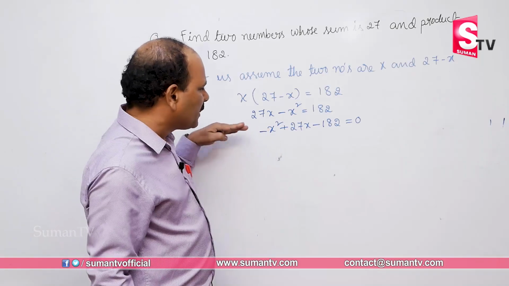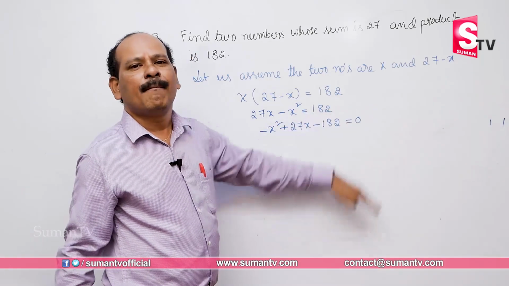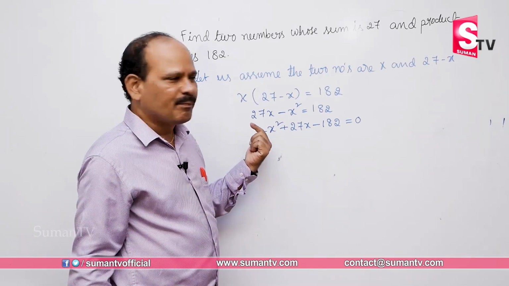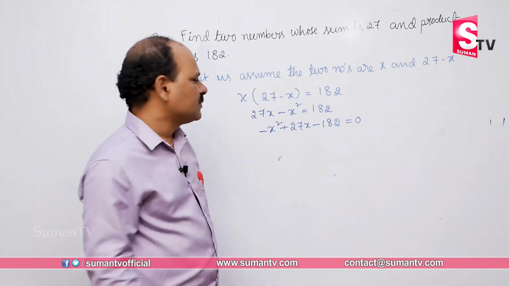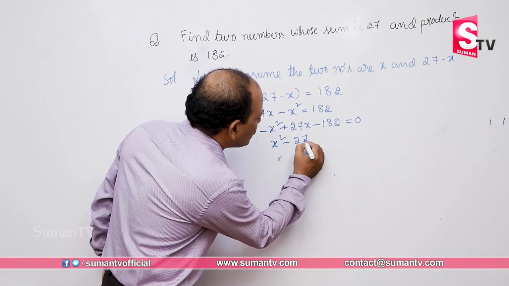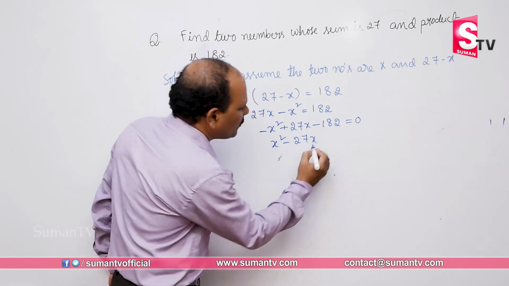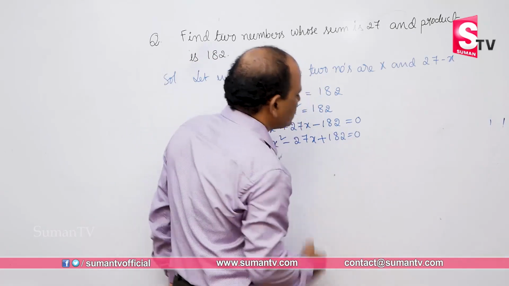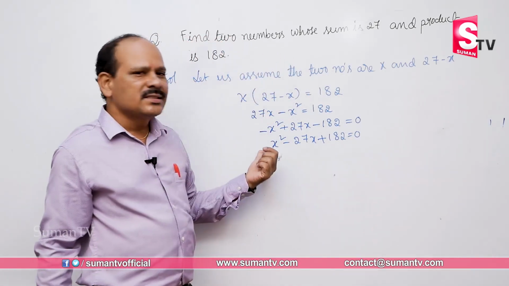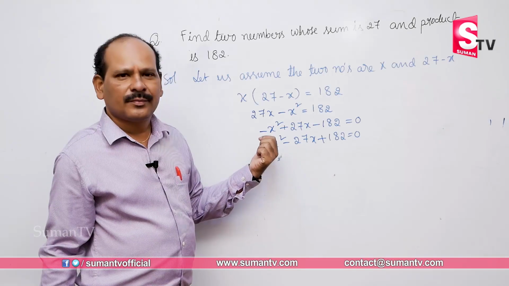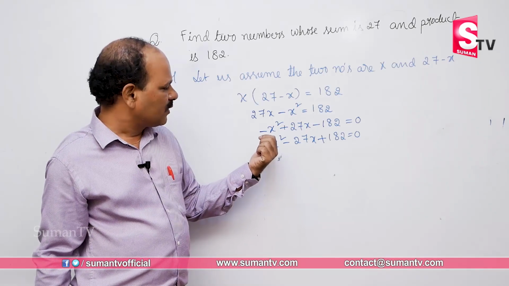So I am multiplying the whole expression by minus, and then all the signs will change. See, x square minus 27x plus 182 is equal to 0. Now it is in the form of a quadratic equation.